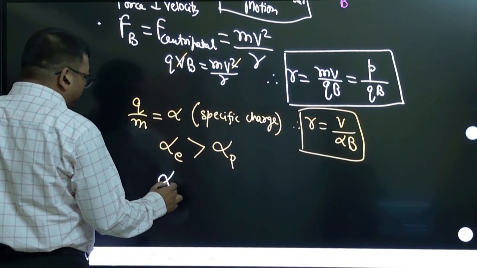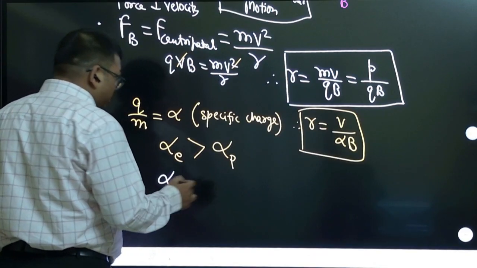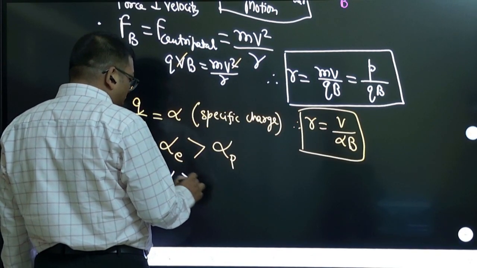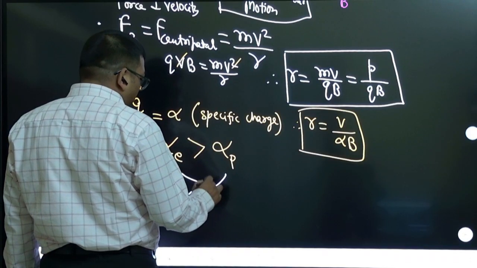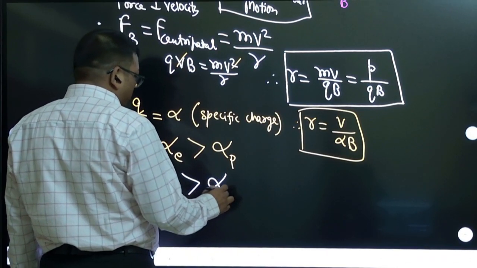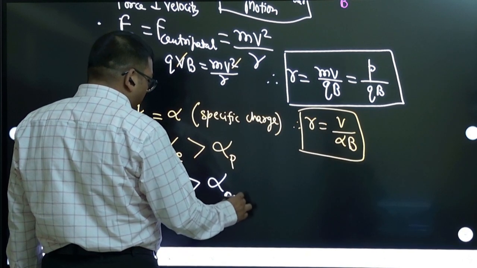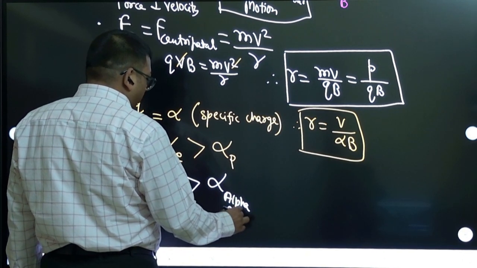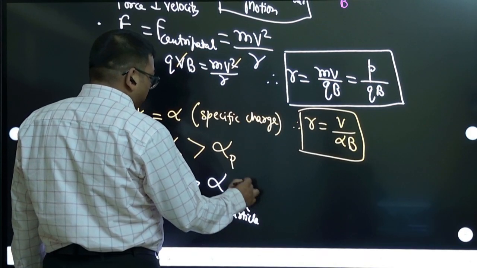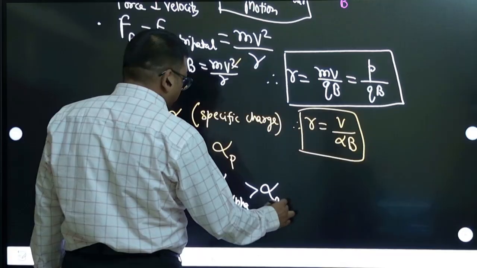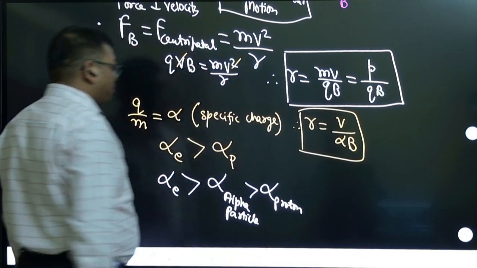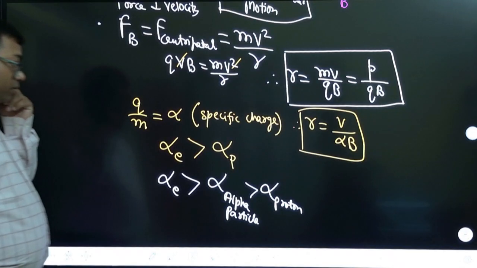So this specific charge of electron is greater than that of alpha particle, and this is greater than proton. Okay, so that also we should know.